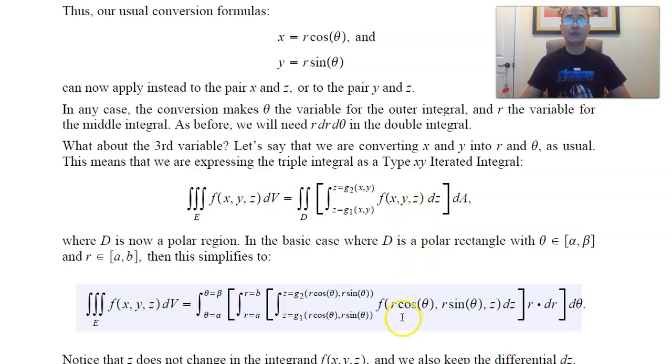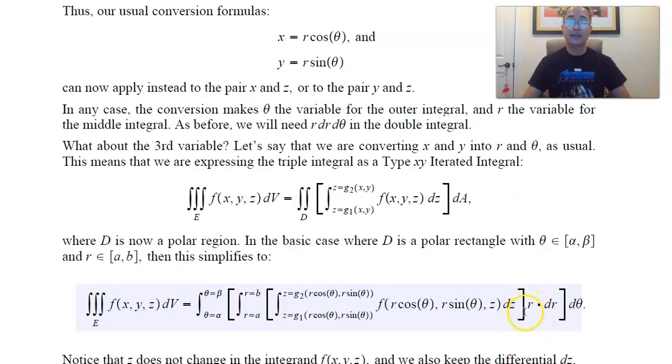So we will also convert x and y in the integrand into r and theta. So essentially, x and y have completely disappeared, and you're left with r and theta. z is still there. Okay, so z does not depend on x and y in the function, in the integrand that we are integrating. Okay, dz does not change either, of course.